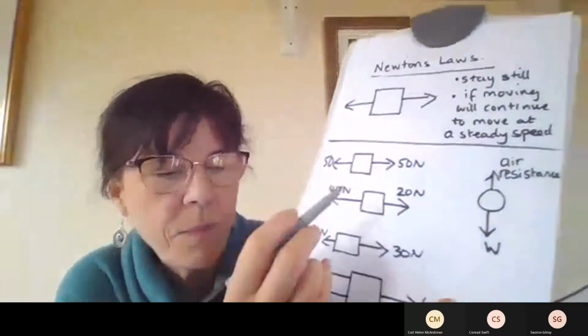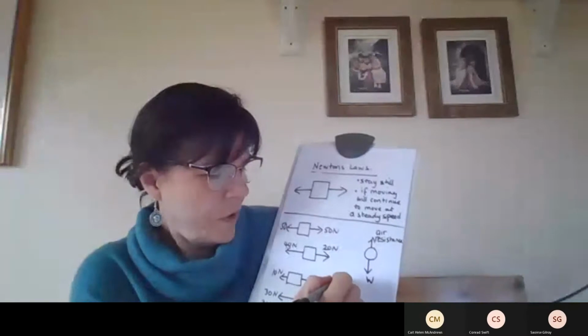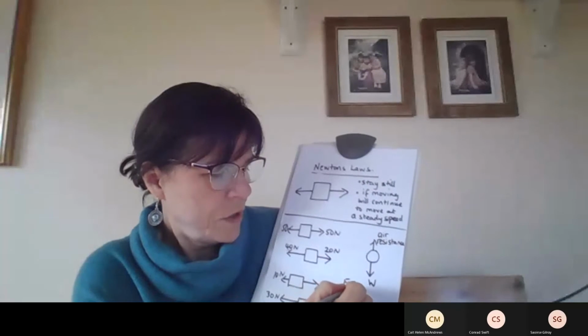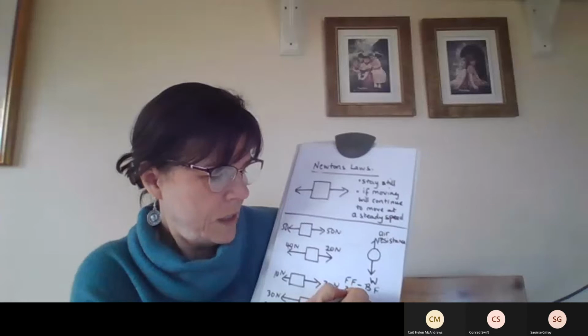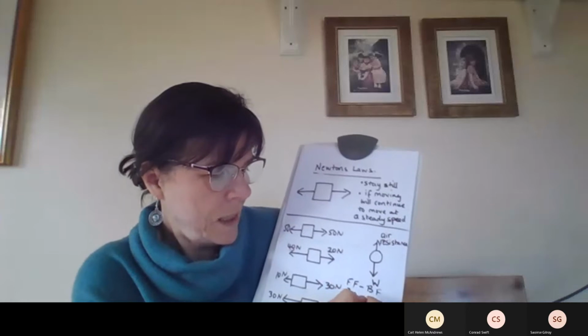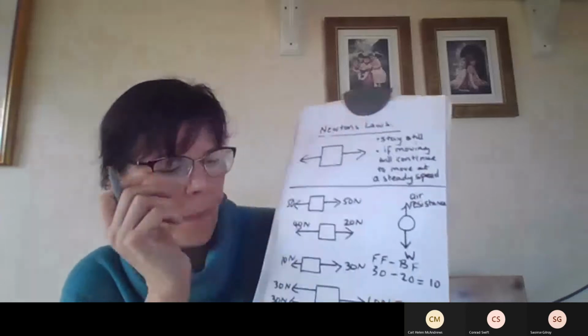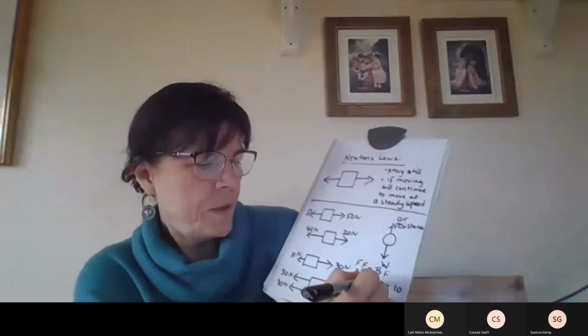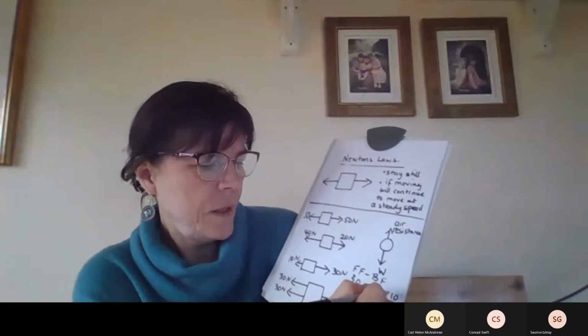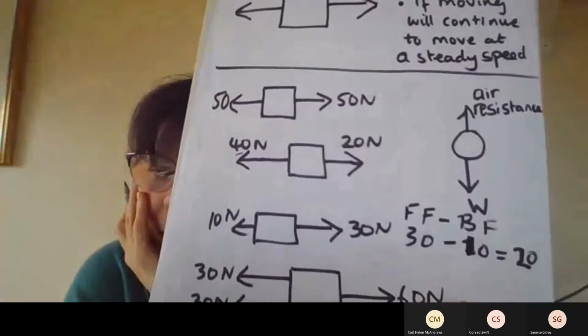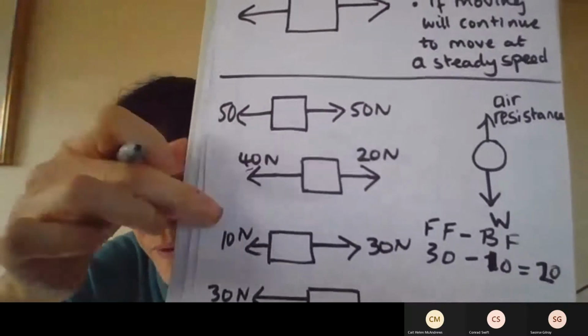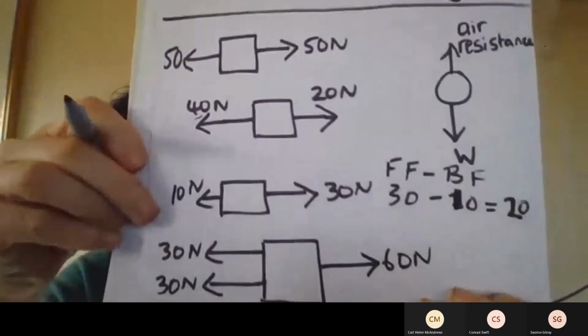That's a leftover of 20 people, because you've got your forward force, subtract your backward force. So that's 30, take away 20 equals 10. No, it's 30 take away 10 equals 20. All right, so the leftover or resultant force will be 20.